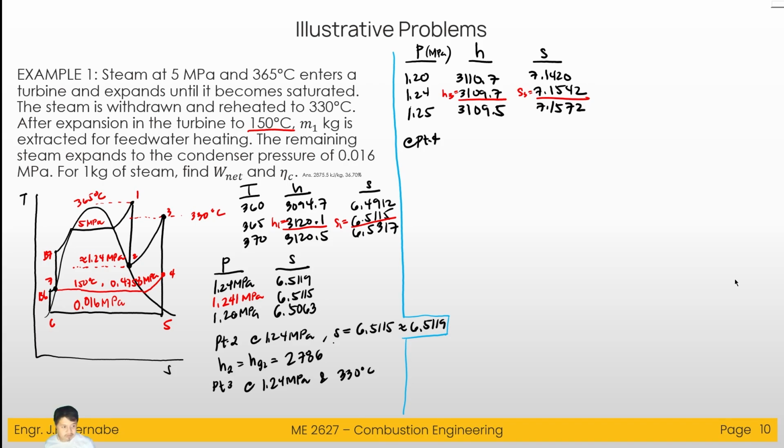It should be 0.4758. Hmm, I think this is wrong. So 3110, okay, 3108. Okay, let's check.